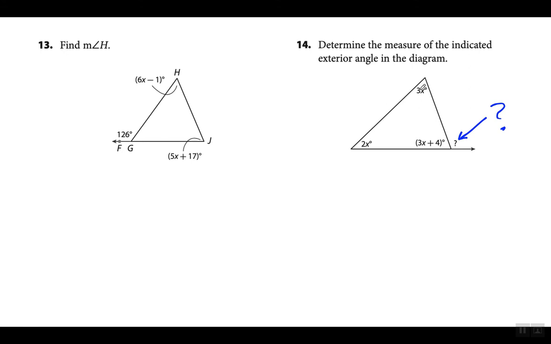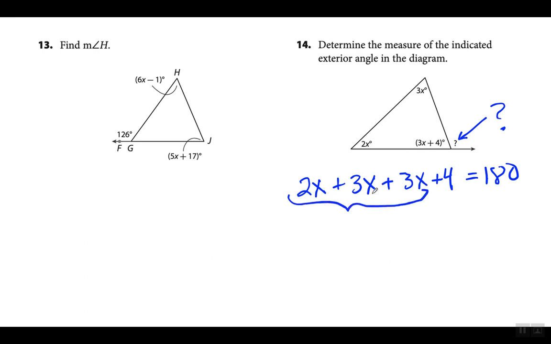Alright, we know that the sum of the interior angles of a triangle is what? 180. Ya sabemos que la suma de los ángulos interiores de un triángulo te tiene que dar 180. So let me write that. 2x plus 3x plus 3x plus 4 has to equal 180. La suma de todos estos ángulos me tiene que dar 180. Alright, now combine like terms.